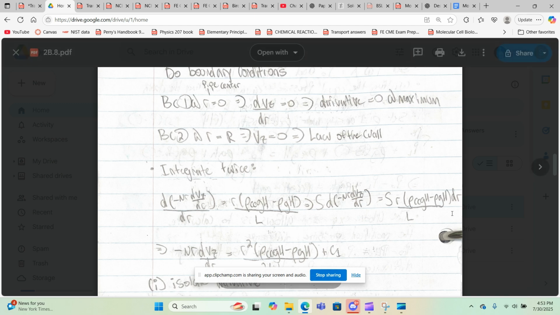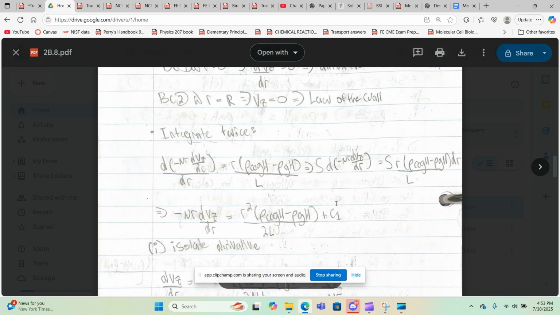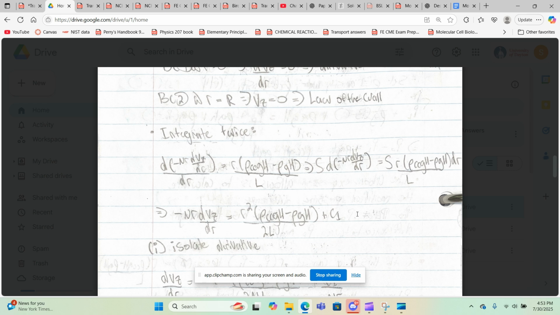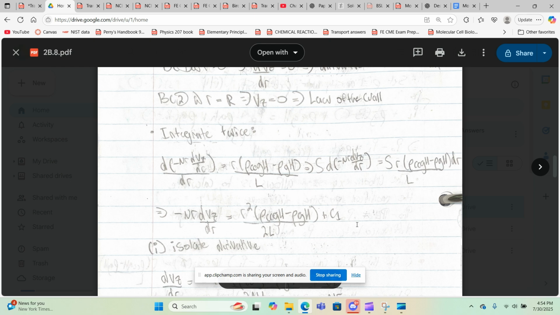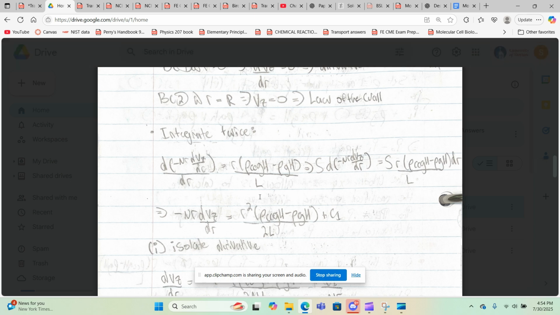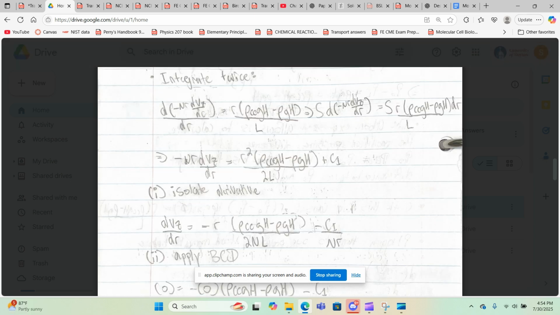Pretty standard integration here. The integral of r is just r squared over 2. And you have the extra integration constant. You only have 1, because technically there's going to be 1 on this side and 1 on this side, but you can just move them over to one side because they're both just constants.